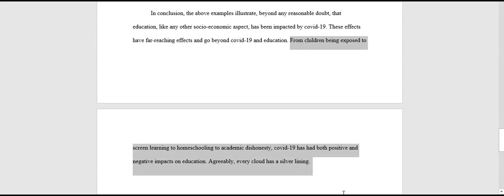Now, remember what we said about the conclusion, that when a reader reads your conclusion, they must have takeaway points, the things that they are carrying with them from your essay. We also said that your conclusion must summarize what has been discussed in the body. And that is what we have from this point up to here.